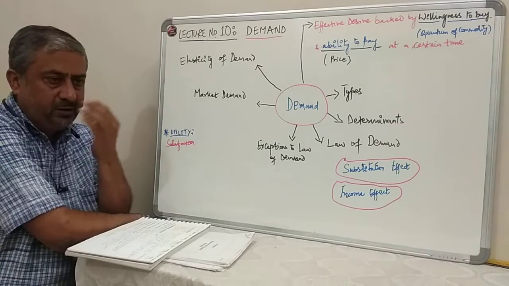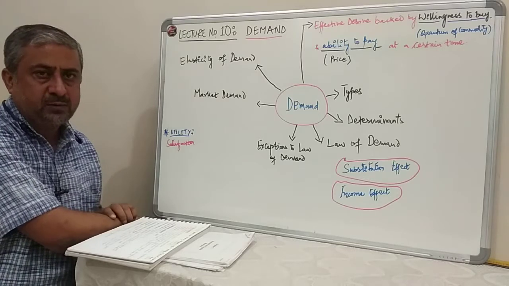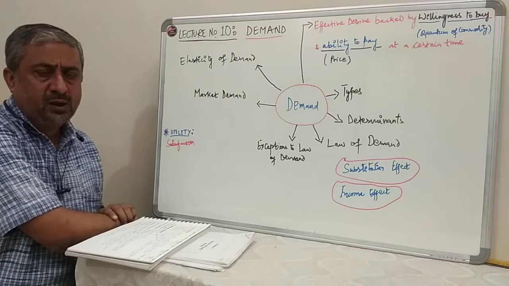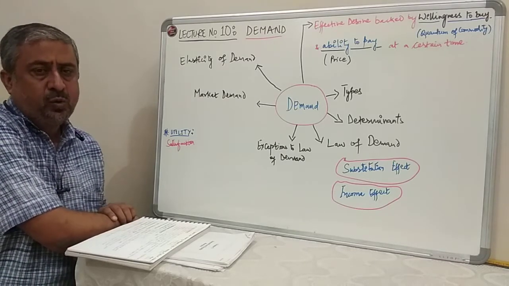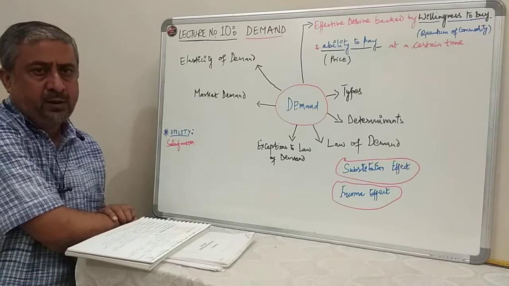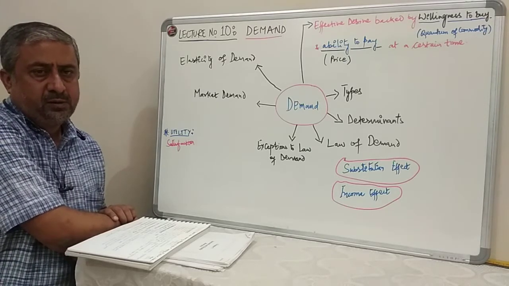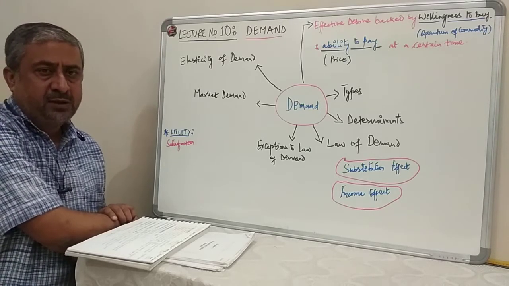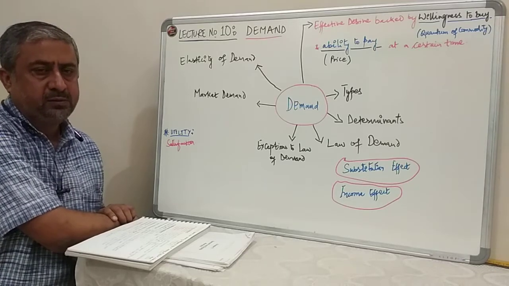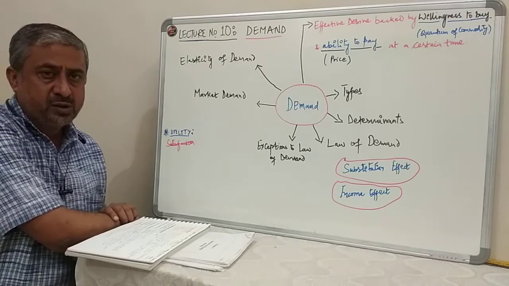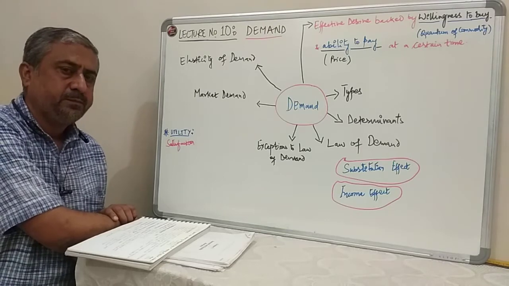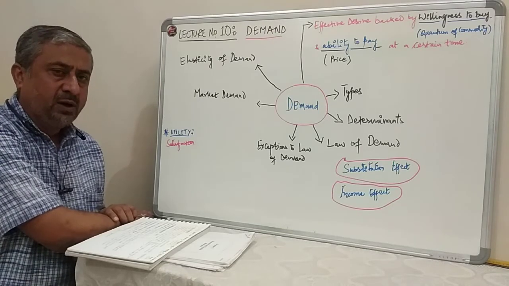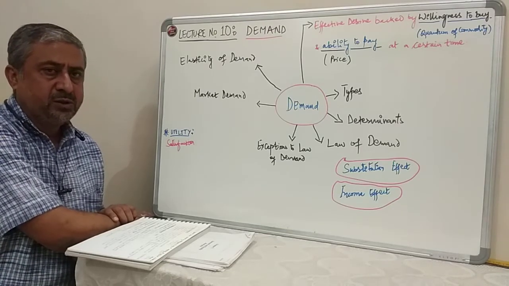Beyond that, that is what we call shortage. If you are unwilling, yet you are made to buy, it is not a natural state of demand. It is an induced demand, that is what we call it. A demand that is created by situations.